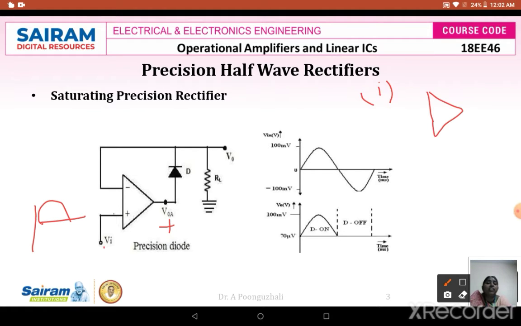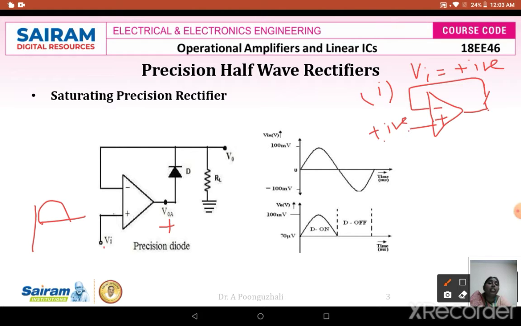So the first condition is when VI is positive. When VOA is positive, the diode is conducting. That means the switch is a closed switch and acts like a closed path. So this circuit acts like a voltage follower, and the output voltage is equivalent to the input voltage.